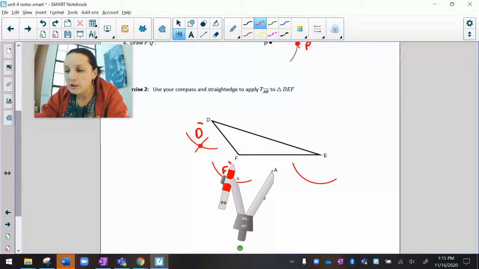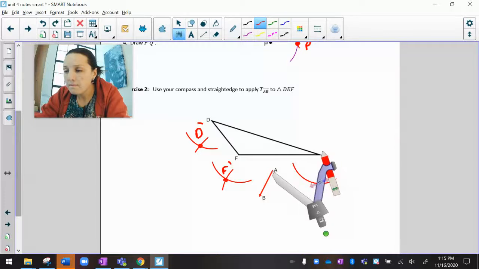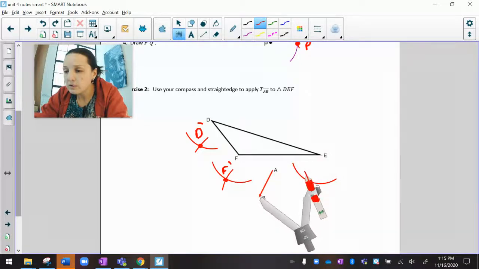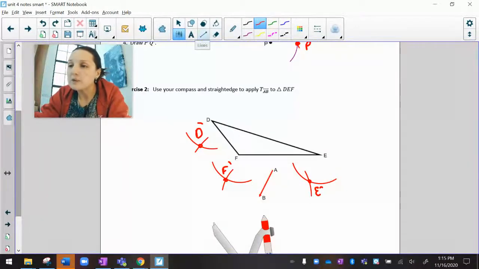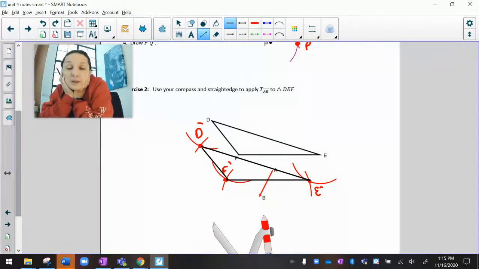Pokey part on A, pencil part on E. Slide down. And that is E prime. And then I'm just going to connect the dots. D to F, F to E, E to D. And you can see that that triangle slid down and to the left.